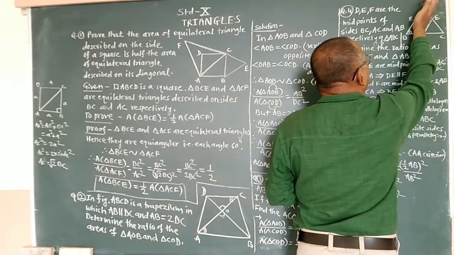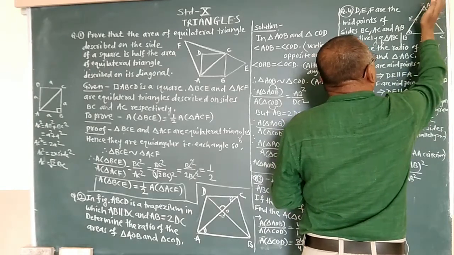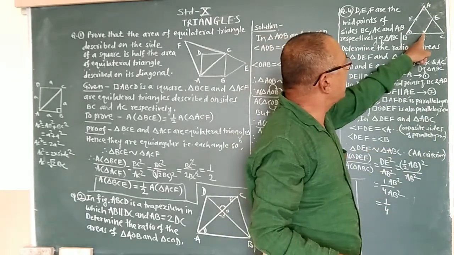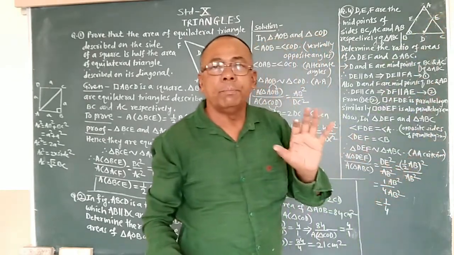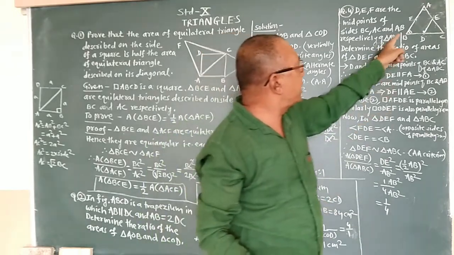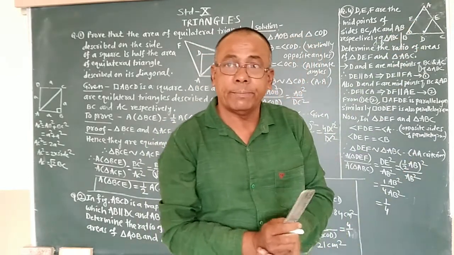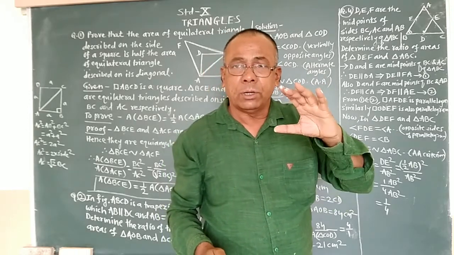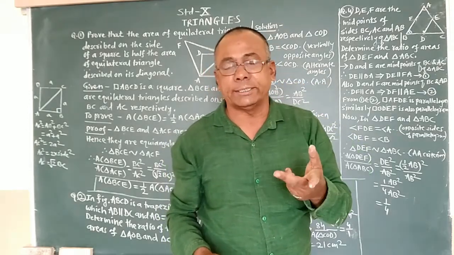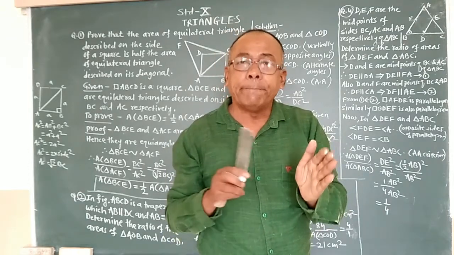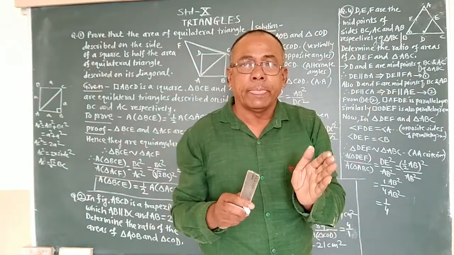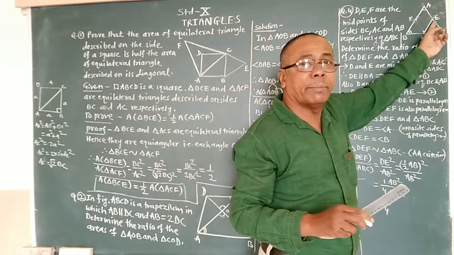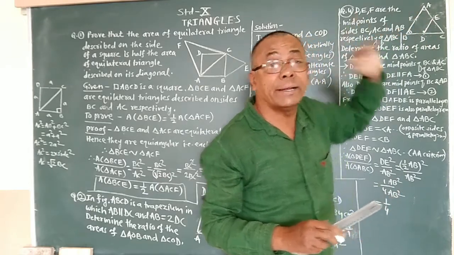Now we see in the figure that D and E are the midpoints of two sides of triangle ABC, and the line segment joining the midpoints of two sides is parallel to the third side, as well as half of the third side.